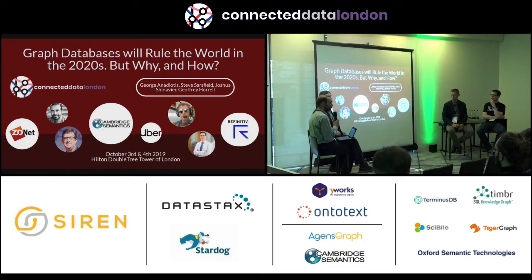Okay, thanks. So we already kind of touched upon the issue of modeling and representing graph data, and we already have two camps, if you want to call it that. So you have RDF and labeled property graph. Josh already mentioned a few things about that in his talk in the morning. And the interesting thing that has come up relatively lately is that we also have a kind of bridge proposal, let's say.